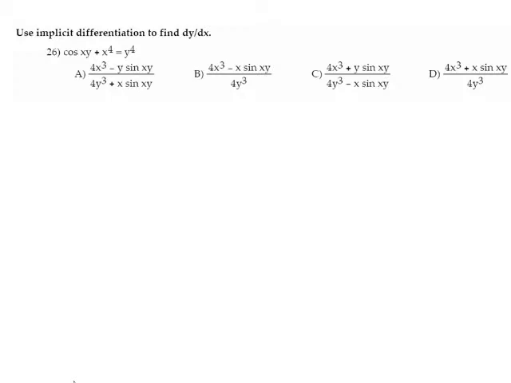Problem 26, we want to use implicit differentiation to find dy dx. So we take d dx of cosine of xy plus d dx of x to the fourth equal d dx of y to the fourth.